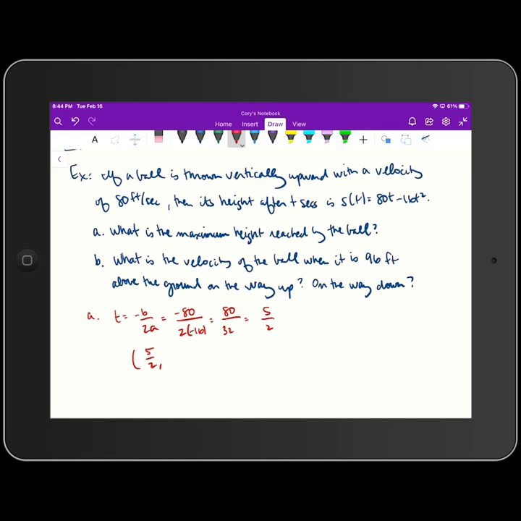And then if we actually want to find the maximum height, we can plug 5/2 into the position function, and that's going to give us the height at that time.